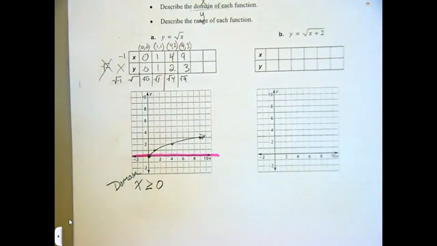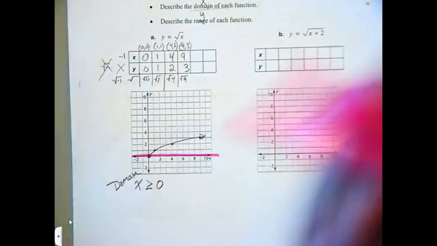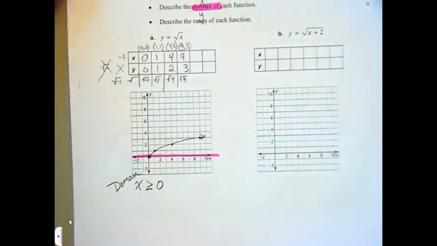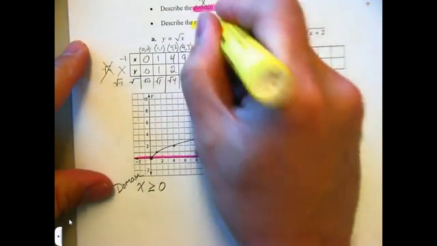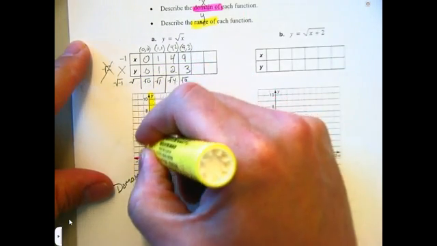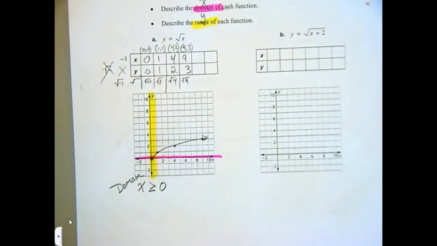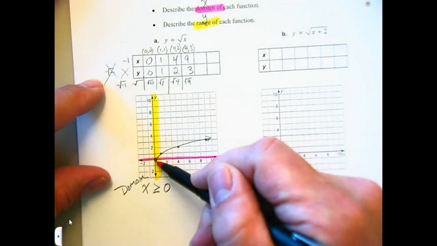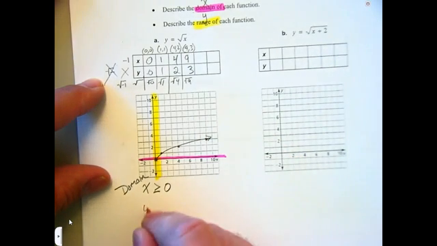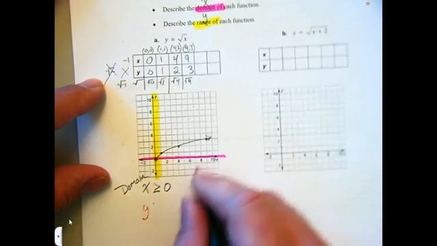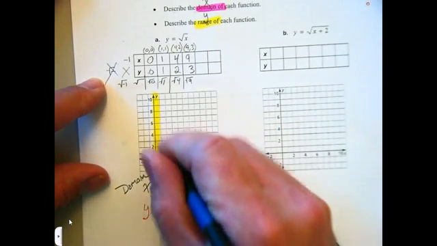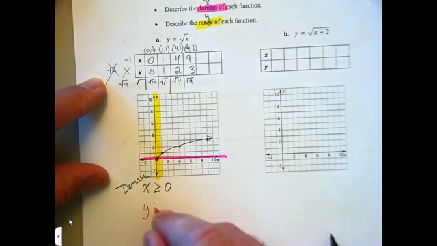As far as the range goes, that's in relation to the y. Okay? So range will be in relation to the y. So that means on the y-axis, when does it start existing? At 0. Okay? And is it going up the y-axis or down? It's going up, meaning it's greater than 0.